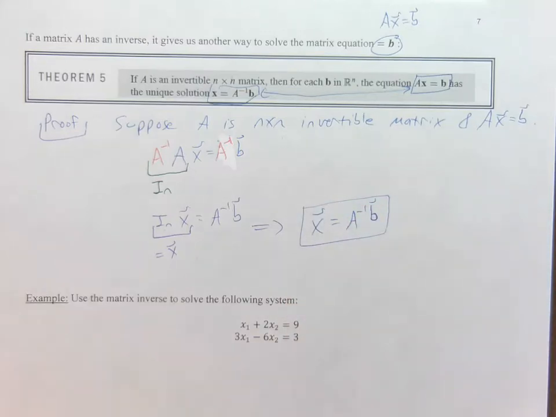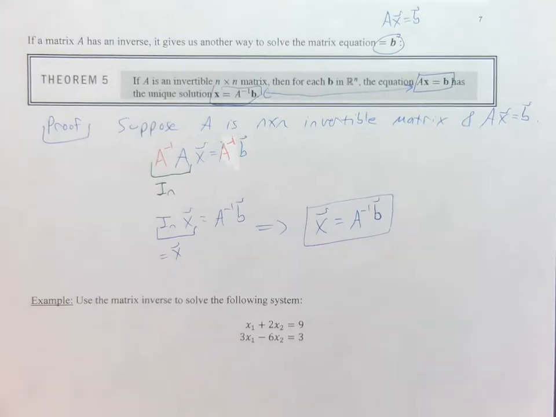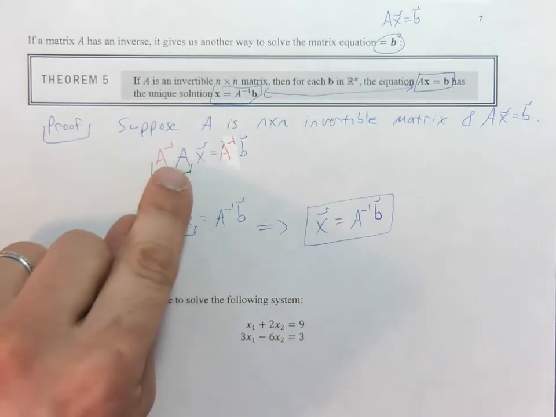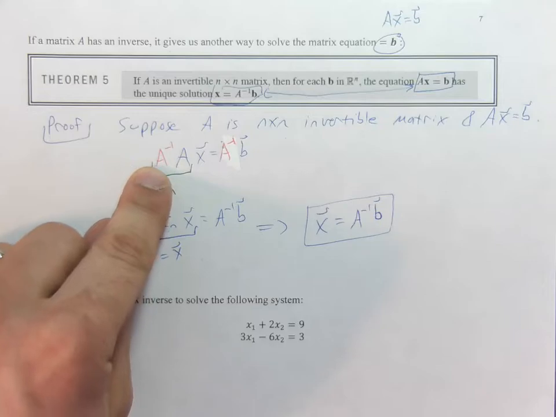And so this gives us a nice way to solve equations, and this is the way that a lot of computer programs solve linear systems and things like that, by multiplying by the inverse. I'd like to just point out, though, that it's important that you multiply on the left, right? We need to multiply A inverse on the left of A because the dimensions need to match up.